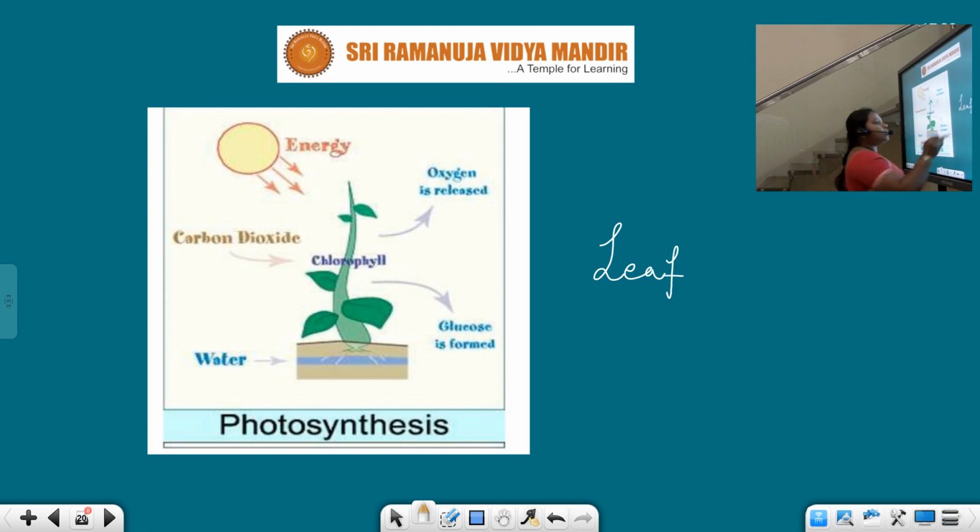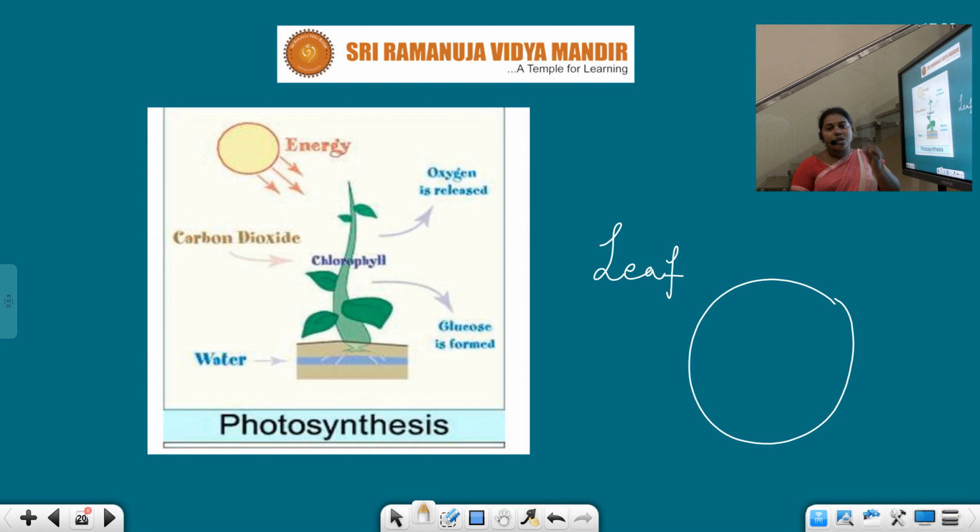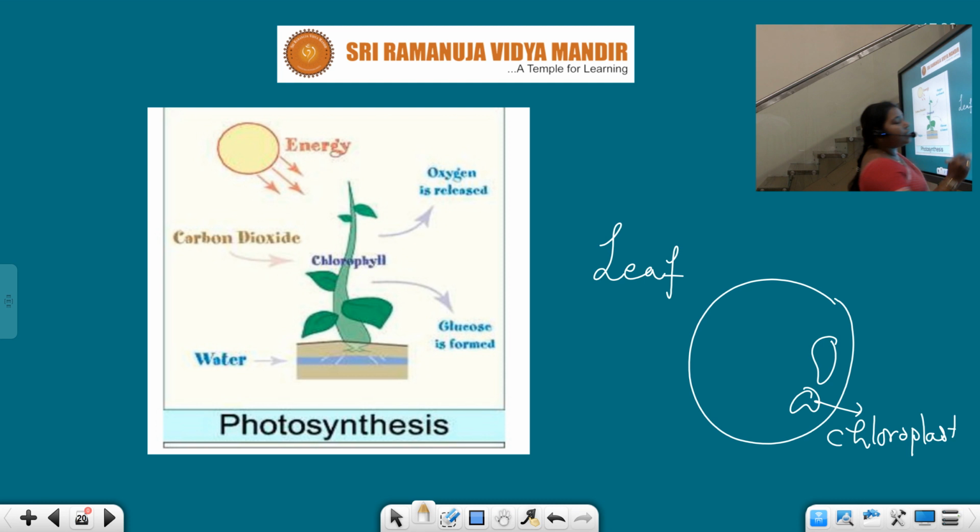The cells which are present in the leaf have a special cell organelle called chloroplast. What is that? Chloroplast. The cells present in the leaf are called mesophyll cells.